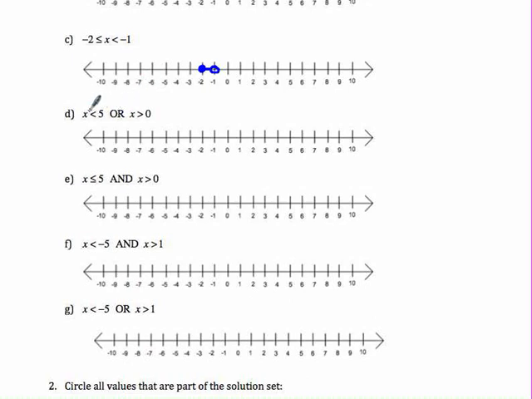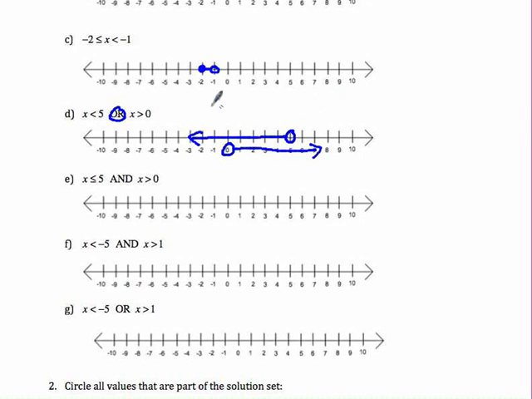Okay, and now we have the alternate version of the compound inequality. In this case we're being given that x is less than 5 or x greater than 0. Recall that we do not need an overlap in the case of a compound inequality joined by the word or. And so we have open dot on the number 5 going to the left because it's less than, and then we have an open dot on 0 and we are moving to the right.